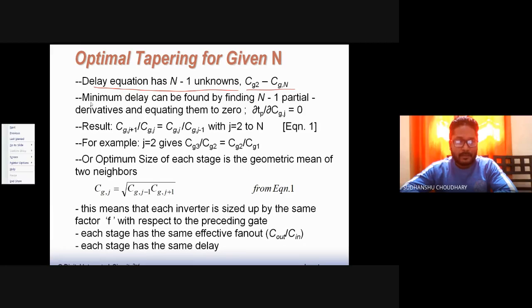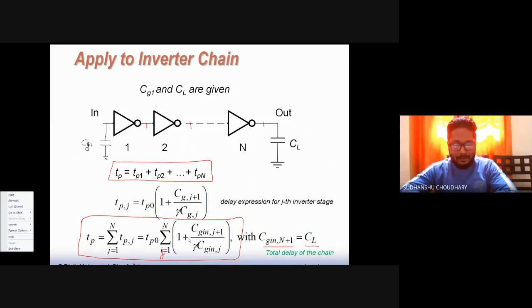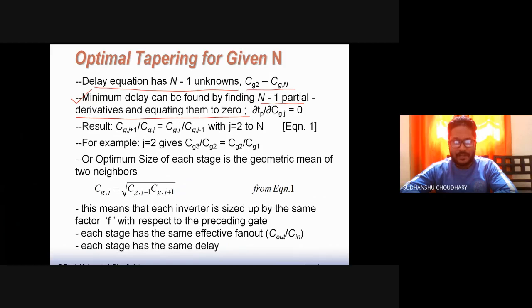Now how to find them? For finding them, we say that the minimum delay can be found by finding n minus 1 partial derivatives and equating them to 0. That is, in this equation, you differentiate with respect to CGJ, where J will be 1 to n.